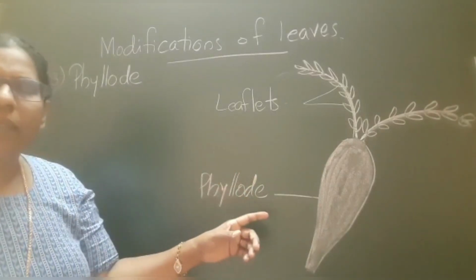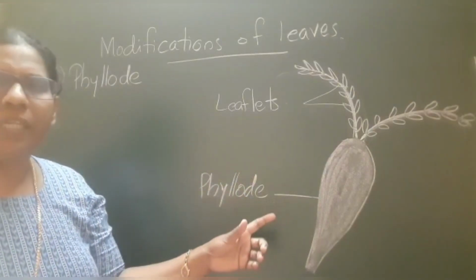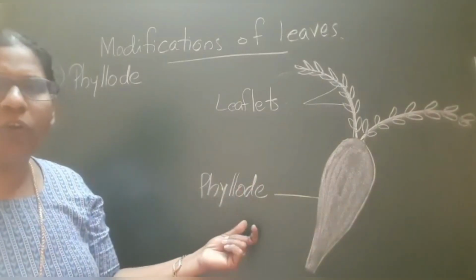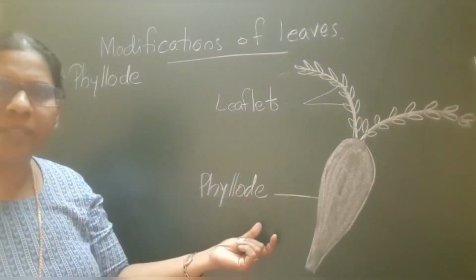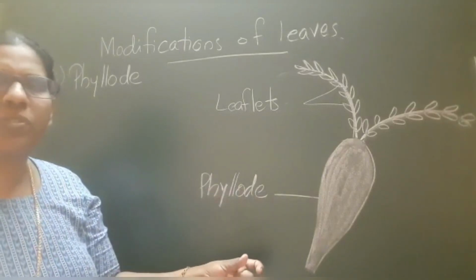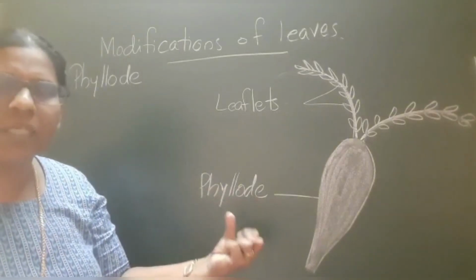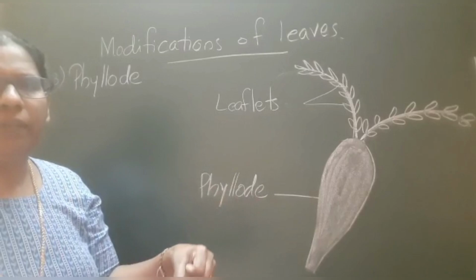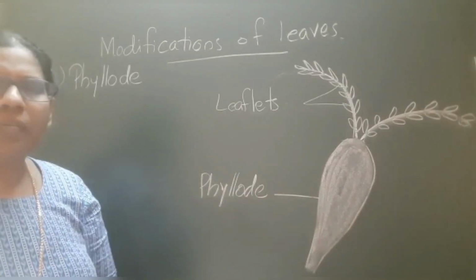But here the petiole of the leaf is modified into phyllodes. That is the difference here. And that helps the plant not to lose water, or to conserve water in the leaf. That is what it does.